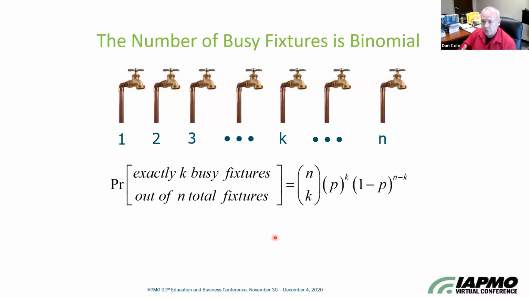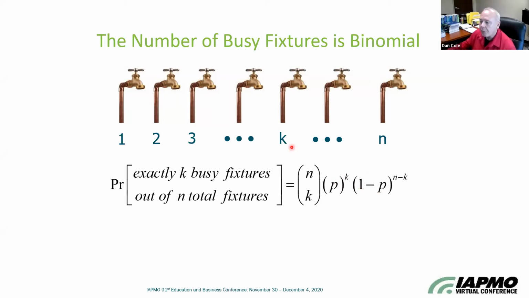On the next slide, we're going to look at it graphically to give you a picture of what a binomial distribution looks like. To explain this calculation, you have any given number of fixtures, and each fixture has a probability of being on, which is the p-value, and each fixture has a probability of being off, which is 1 minus the probability.